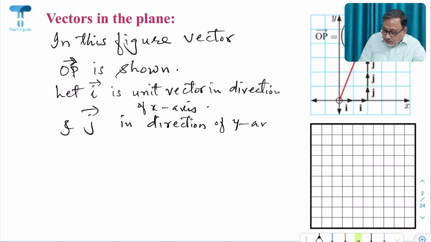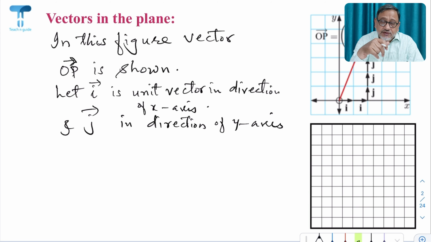So always you have to take i and j. If you have a two-dimensional coordinate system, then i will be the unit vector in the direction of the x-axis, and j will be the unit vector in the direction of the y-axis.